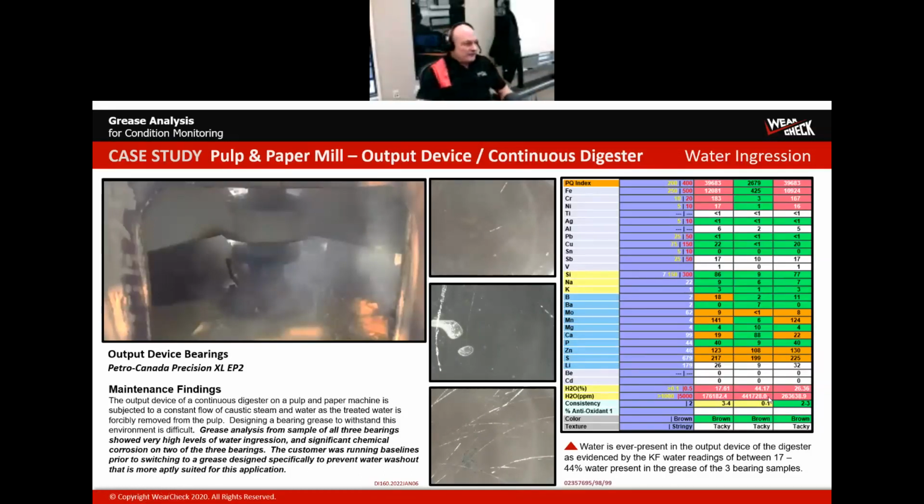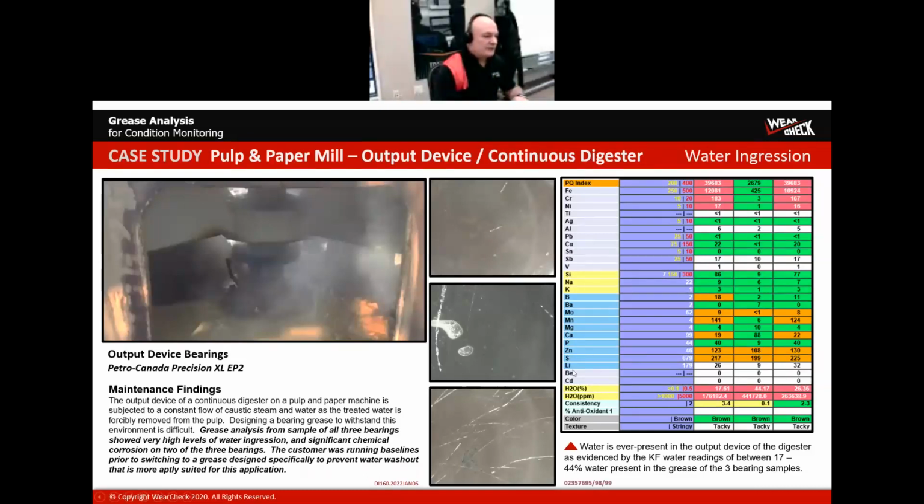Because that water itself tends to be, well, it depends on the type. I believe this is a kraft digestion process, but you're looking at either acidic or highly caustic water, and as a result, you can see the amount of metal or elemental iron and nickel and chromium that are being created as a result of this water washing through these bearings.